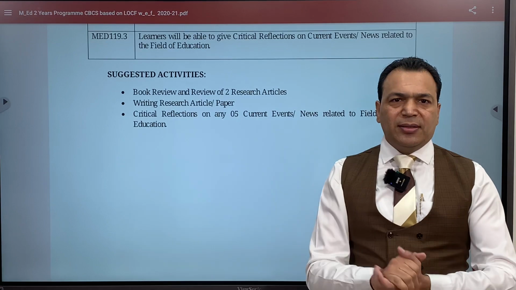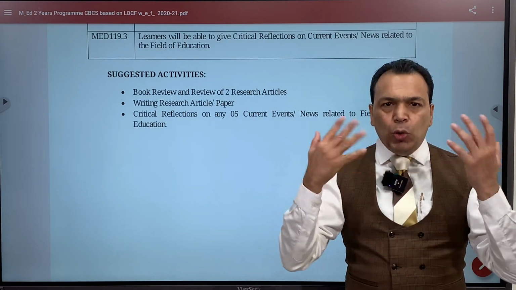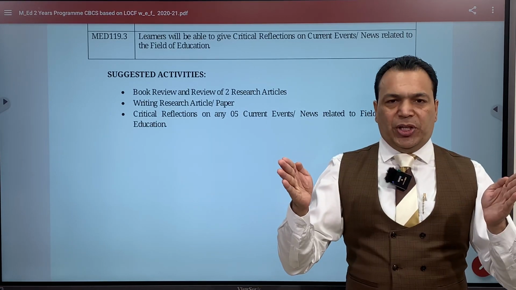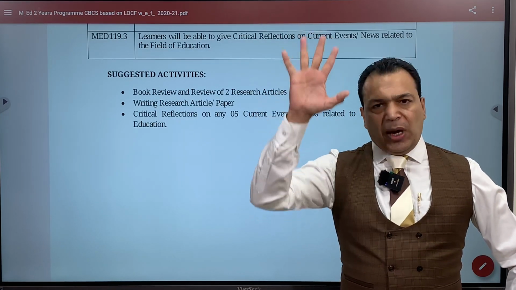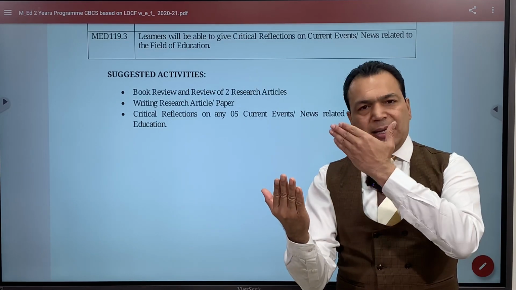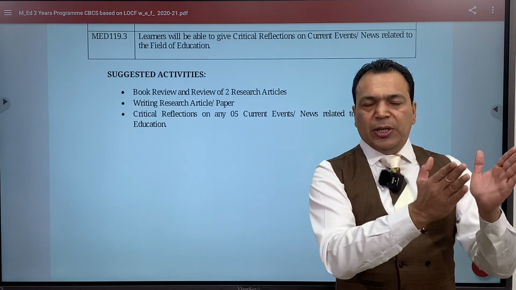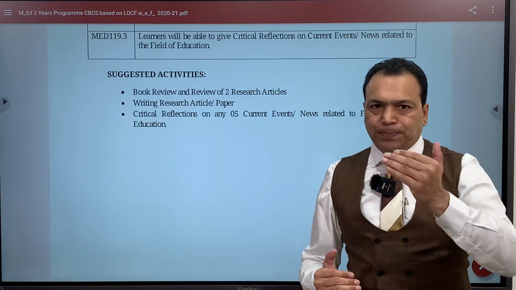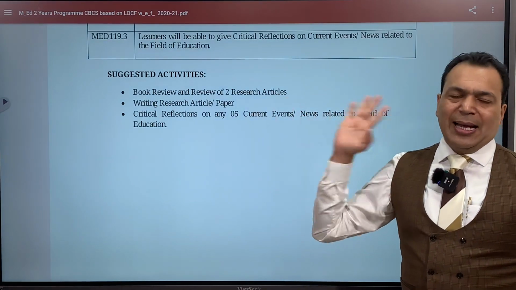Fourth is you have to talk about any events, any news, reflections on any news related to education. So any five education news items you have to write, from any newspapers you have read. You have to mention the newspaper name and review in your way. So these are the four parts of academic writing.